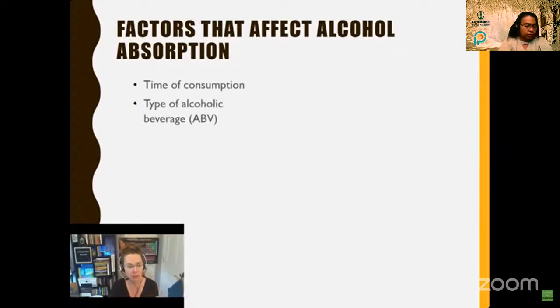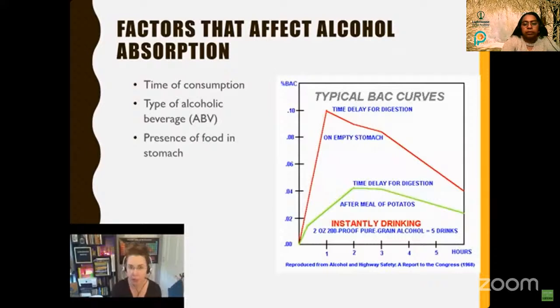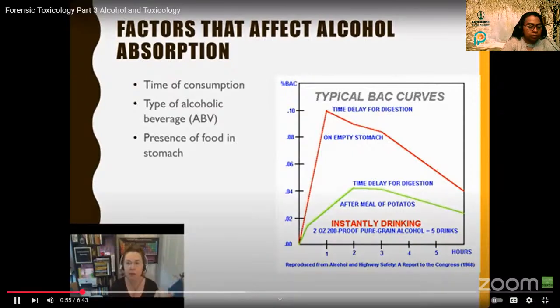Time of consumption. Type of alcoholic beverage consumed. Presence of food in the stomach. By type of beverage, we mean ABV, or alcohol by volume. A high alcohol beverage will obviously increase the alcohol absorption compared to something with a lower alcohol content. In this graphic, based on a study done in 1968, the data still stands.